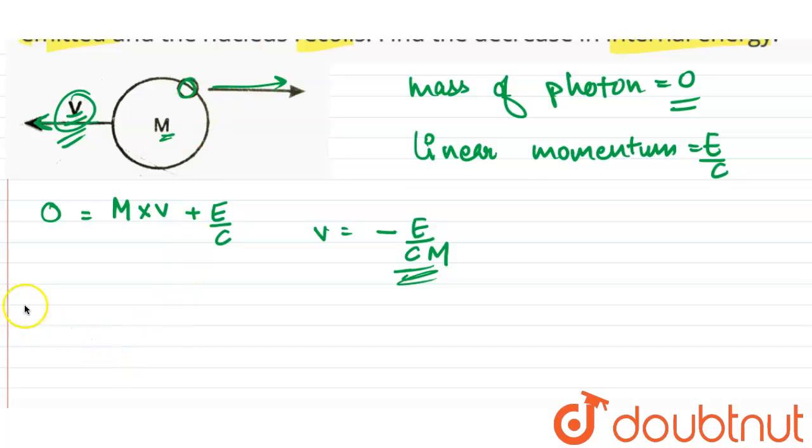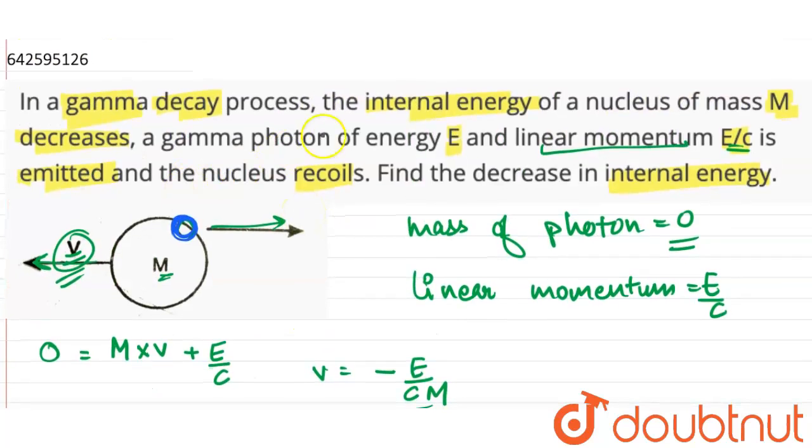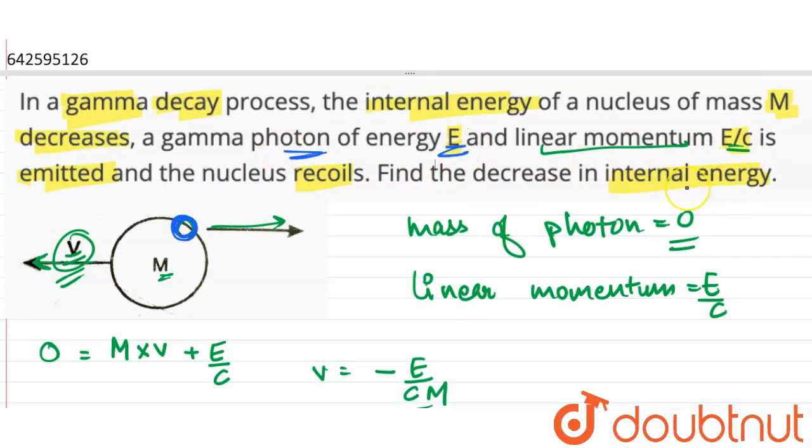Now, for the energy, let's say the nucleus has some internal energy I, and because of this recoil motion, it will have energy half M v square, plus there will be some energy due to the photon. Let's say that energy is E, because it is given that a gamma photon of energy E and linear momentum E by C is emitted.